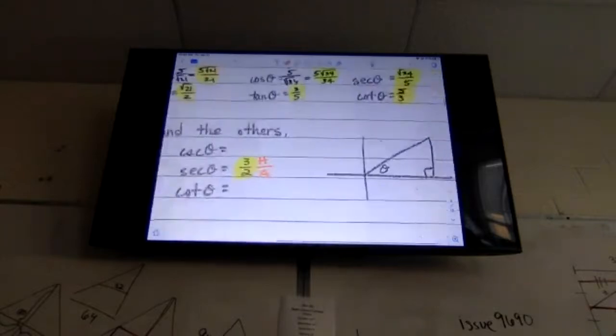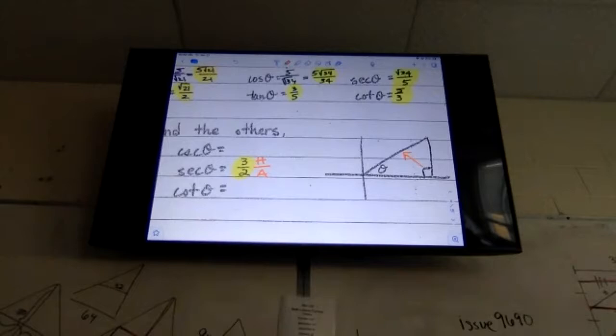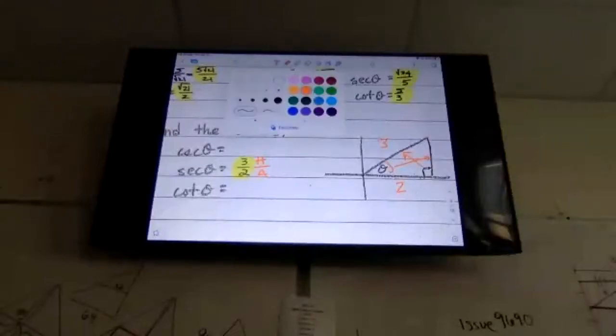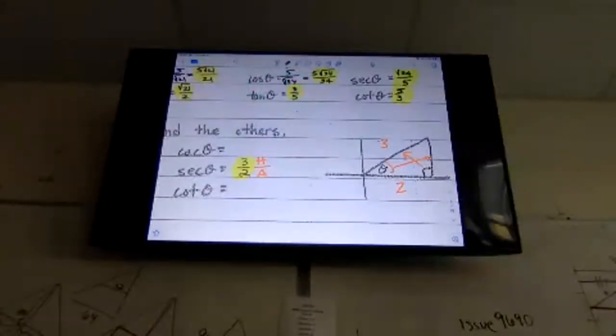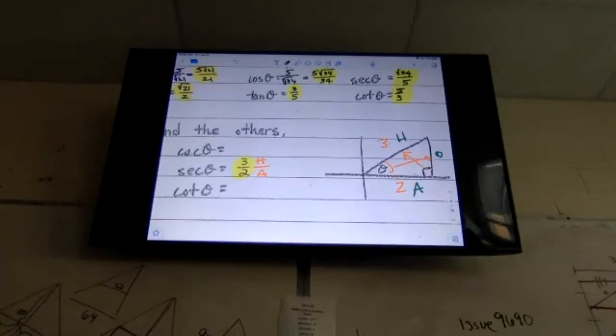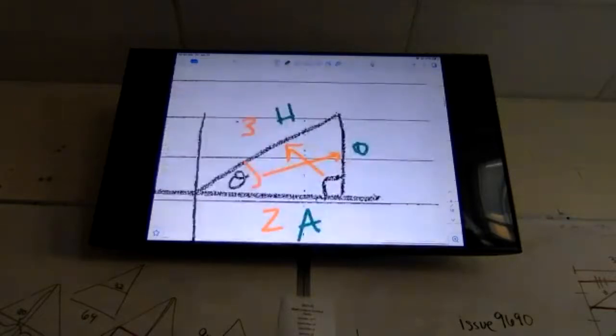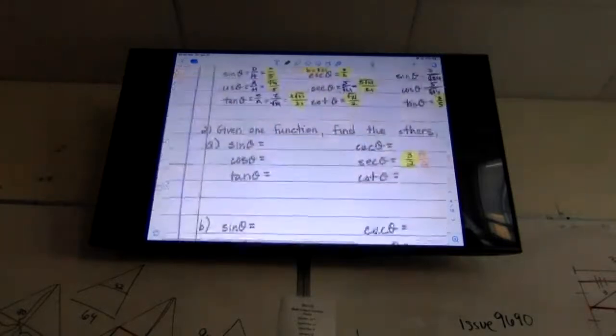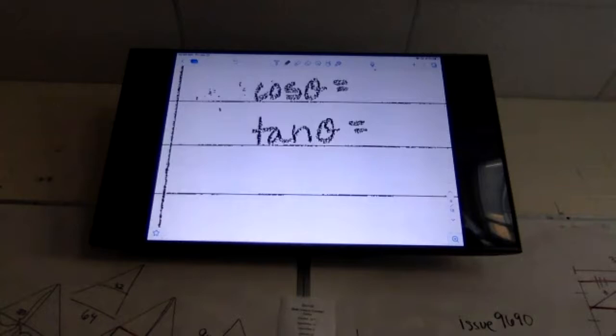And I actually gave us a picture, so that's nice. Hypotenuse is across here, so that's 3. Opposite is across from my theta, so adjacent is next to it. Let me write my letters next to it, H and O and A. What now? We gotta find, oh, we gotta find that missing side. Like that. 2 squared plus b squared equals 3 squared.